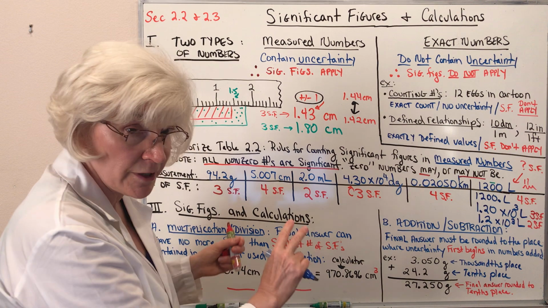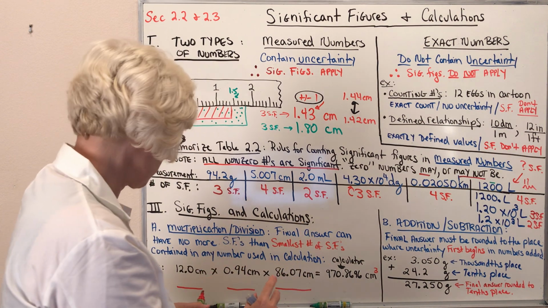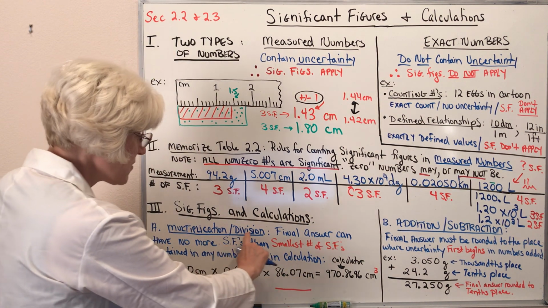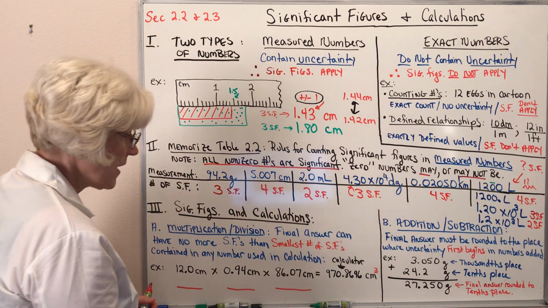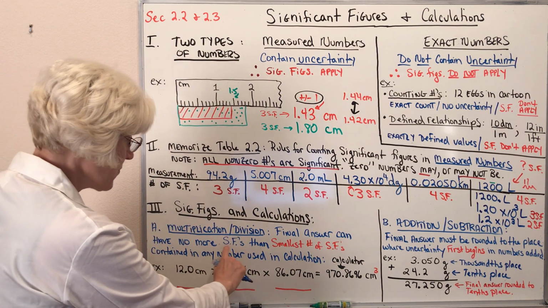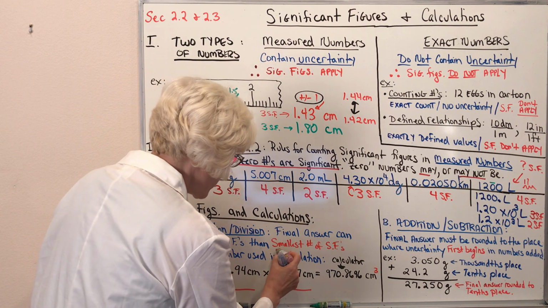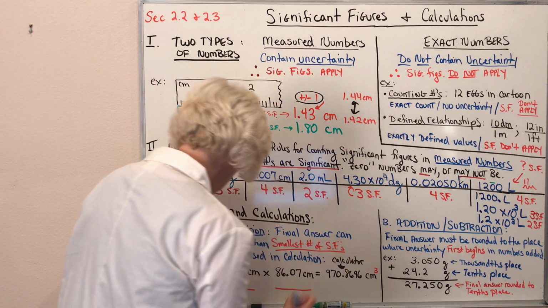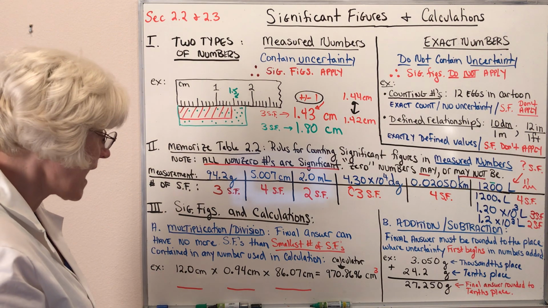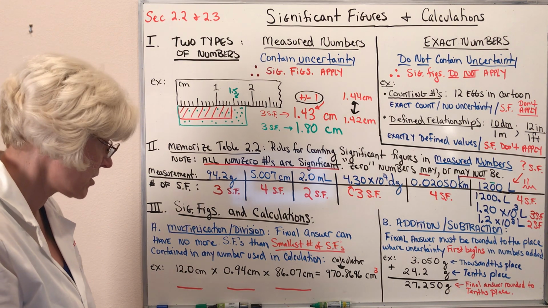There are 2 different principles involved with this. Notice with multiplication, division, your final answer can have no more significant figures than the smallest number of sig figs contained in any number used in the calculation.